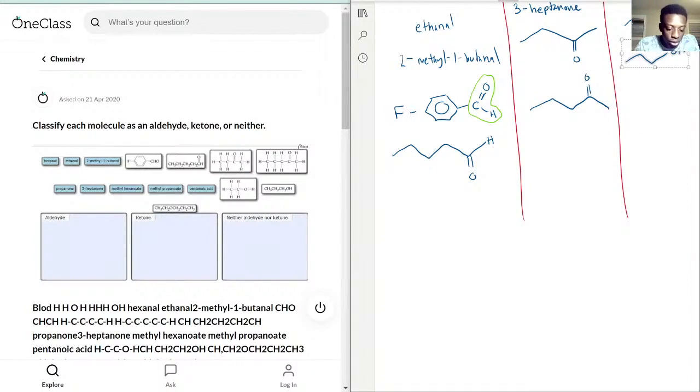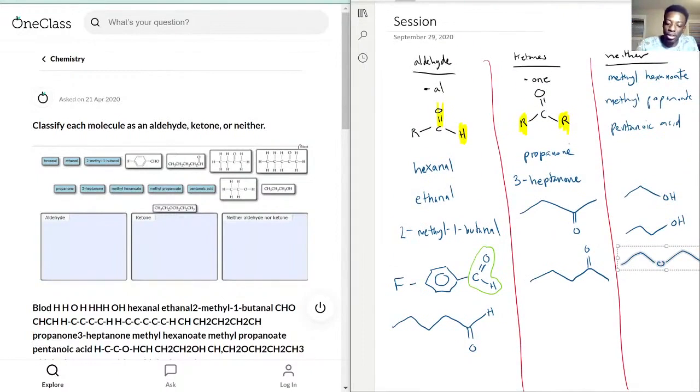And now for the last one, we have CH3, CH2, then there's an O, and then it keeps going on like that. And this one right here, because the O is in between carbons, as you'll learn, this is what you call an ether. So a strange one, but no dice. It's neither an aldehyde or a ketone. So we've gone ahead and broken down all 15 of them and where they belong. And that would be how you classify each of these molecules.